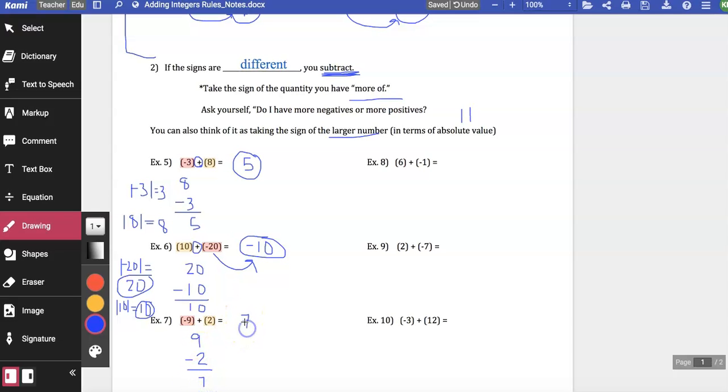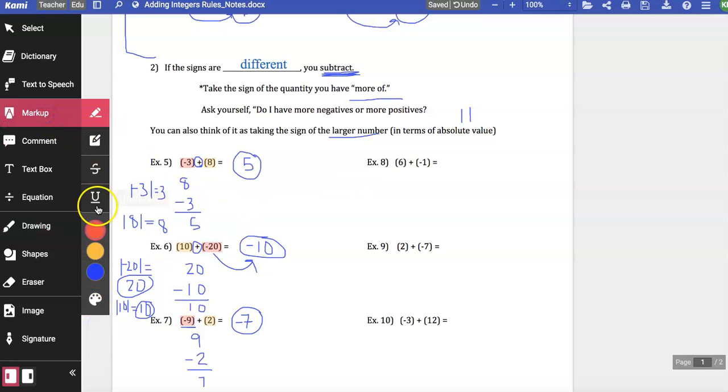And then ask yourself, what do I have more of? Well, if you think about integer chips, you have 9 red chips and 2 yellow chips. So the red chips would win out. So -7.